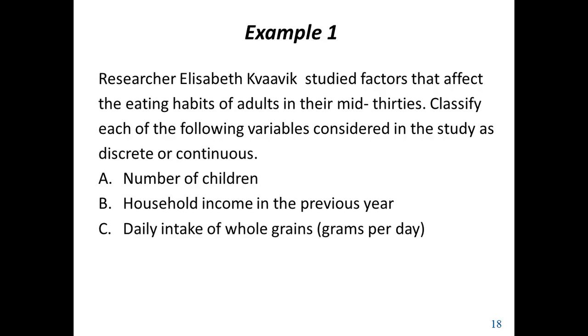So you are able to count how many children. So this is going to be discrete. Household income could be any value. So this is going to be continuous. Daily intake of whole grains, how much? So this is going to be also continuous, could be any value in an interval or collection of intervals.